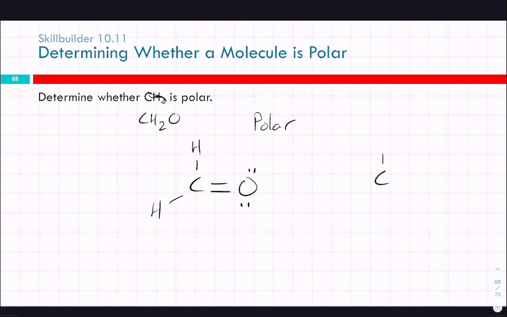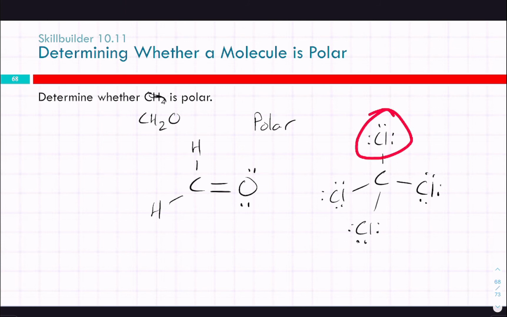How about if we did this one? Is this polar or nonpolar? Nonpolar. They'll have the same force. Nonpolar. So we do have lone pairs on our terminal atoms, but there's none on our central atom.